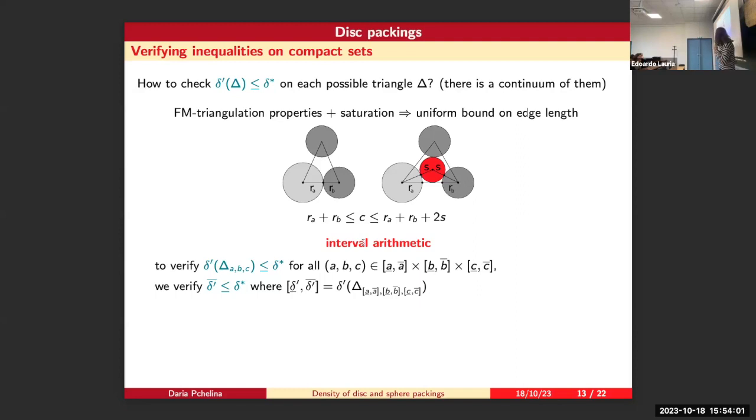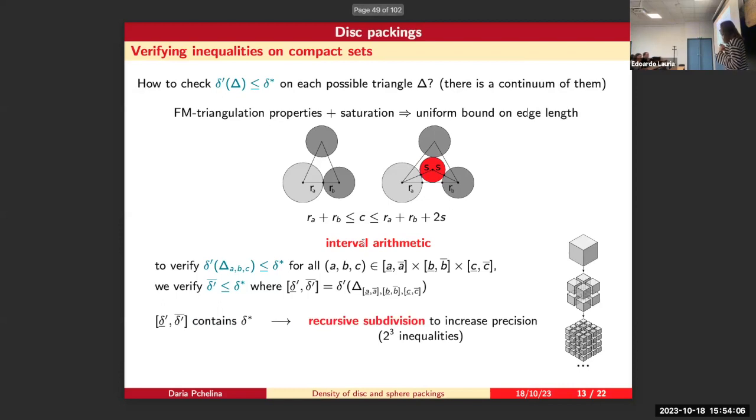If delta star is inside this interval, we will subdivide, because that means that these initial intervals are too long. And to augment the precision, we divide them by 2. So if initially we have this box, which represents the triplet of the edge lengths of the triangle, and delta star is inside the interval, we do not have enough precision.